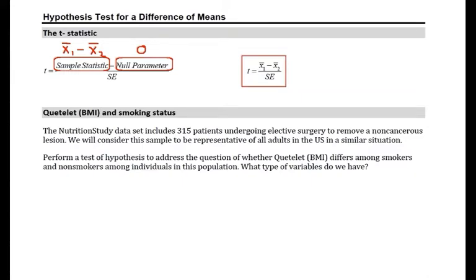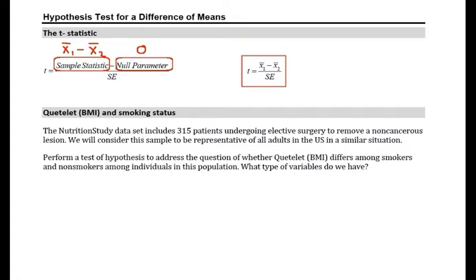Going into an example, the nutrition study dataset includes patients that are undergoing elective surgery to remove a non-cancerous lesion. We can't necessarily assume that this is representative of all adults in the US, so we will just assume that any inference we do is subject to a kind of hypothetical population of people who would be going under this similar kind of surgery.